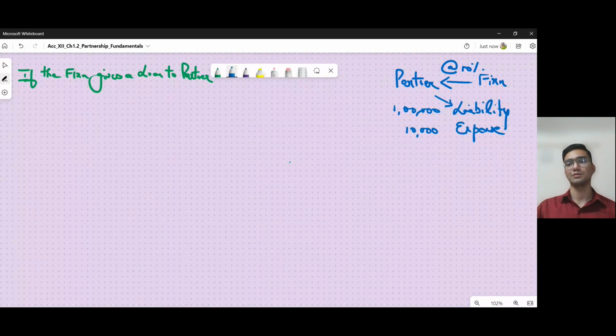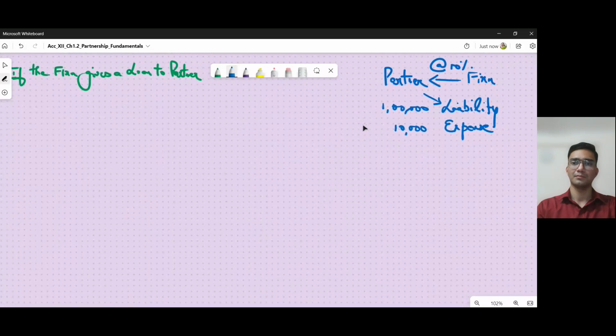Now this is in terms of the partner. But if I talk in terms of the firm, from the firm's point of view, it's going to be an asset because it has given a loan to somebody who is a partner. Giving money, which it will get back later, will be an asset for it.